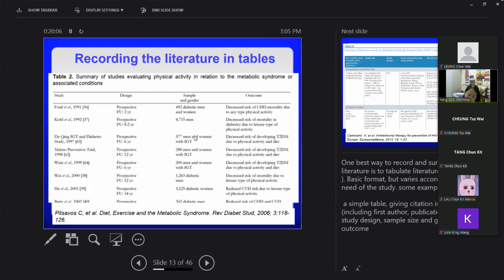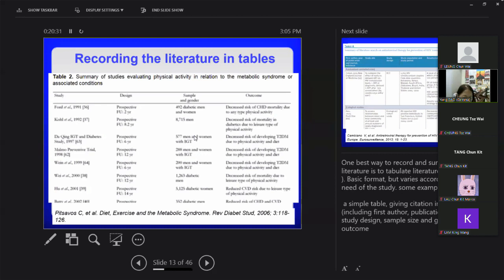In terms of reading, there are also some tips for articles. First, you should read the title, see if it is relevant to your study, and then the abstract. Not all articles need you to read the full main text.